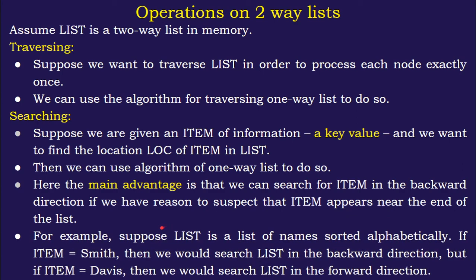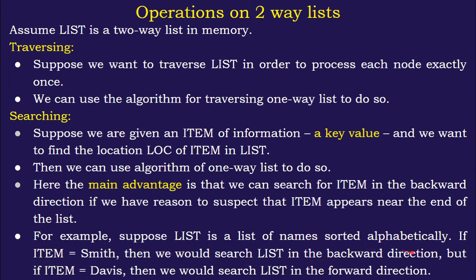For example, suppose the list is a list of names stored in alphabetical order. If you want to find the item Smith, where Smith is the key value, you can naturally search the list in the backward direction because Smith is almost at the end of the list.